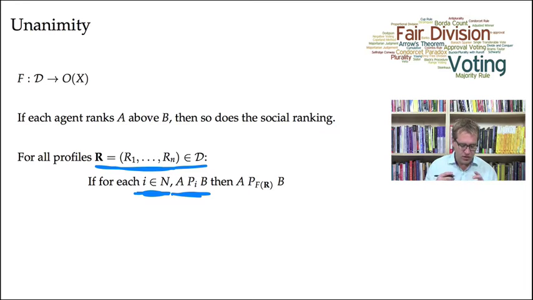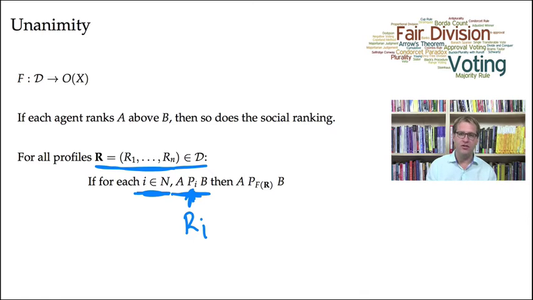So just one comment about the notation. Note P sub I here. This is the strict subrelation of R sub I. So R sub I is the ith component of the profile R. That's voter I's ordering.